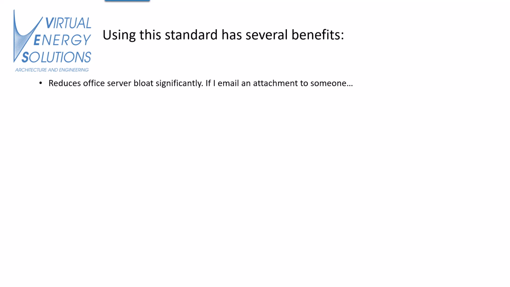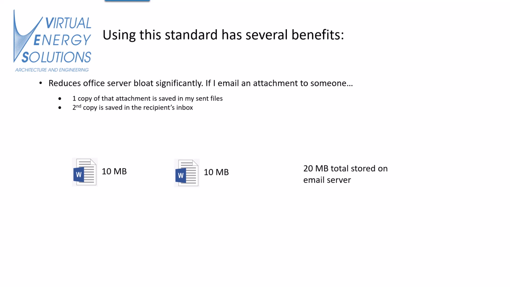If I email an attachment to somebody, I copy that attachment, say it's a 10 megabyte Word file, goes in my outbox in my sent files. The second copy is saved in the recipient's inbox. So now we've got 10 megs plus 10 megs, it's 20 megs total stored on our email server in Office 365.